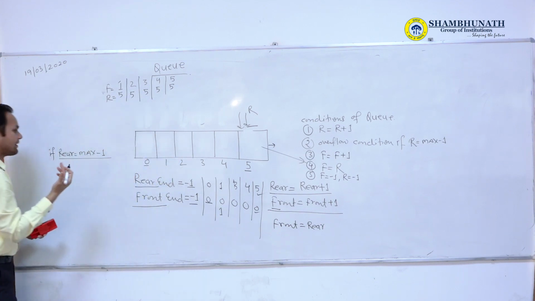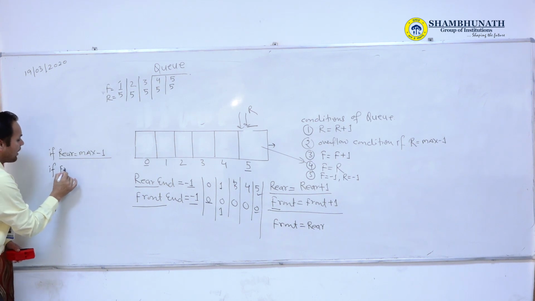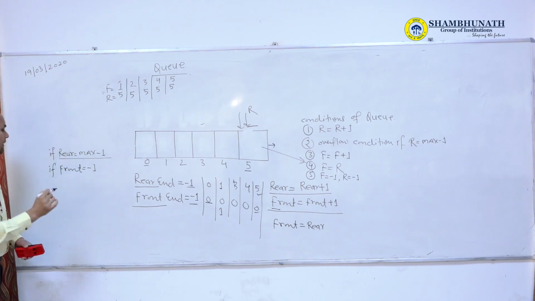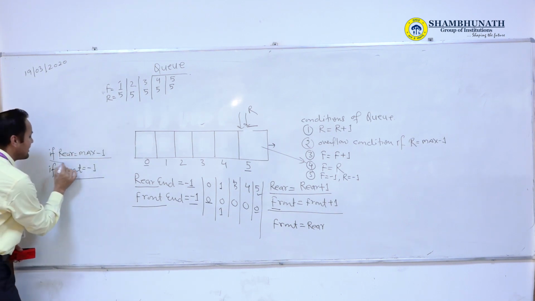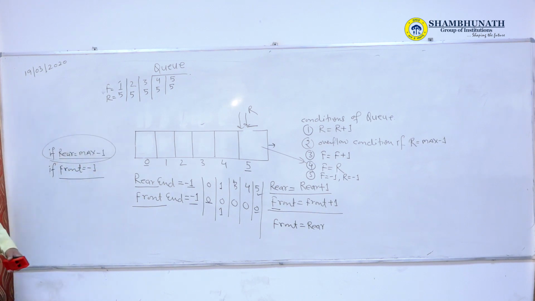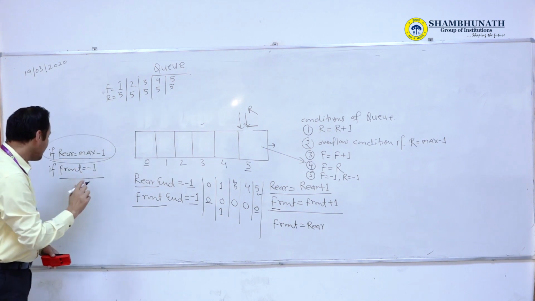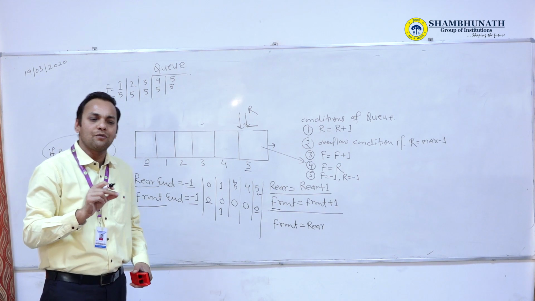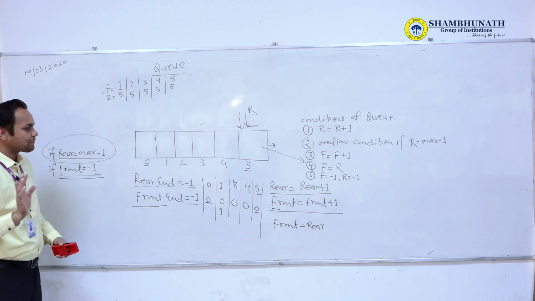So what is the exact condition of underflow? If front equals -1, that represents the underflow condition. If rear equals max -1, this represents the overflow condition.